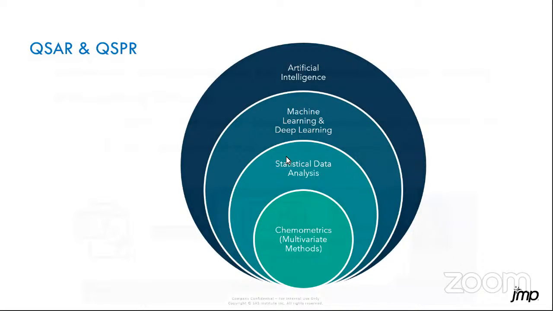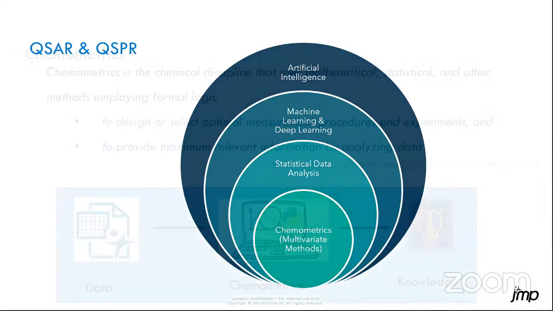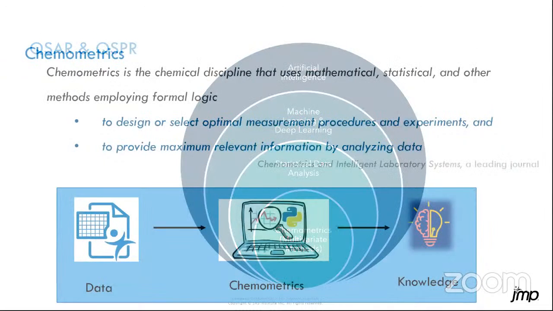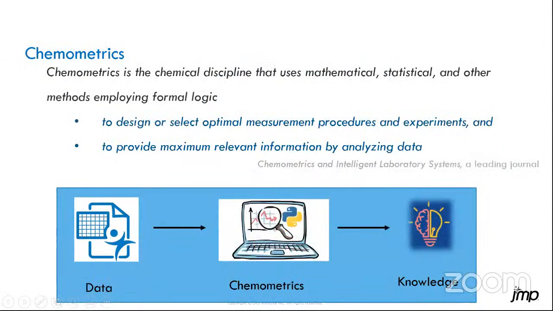So let's define chemometrics. Chemometrics is the chemical discipline that uses mathematical, statistical, and other methods employing logic. It involves mathematics, statistics, and other computational methods. What is the end output of this?